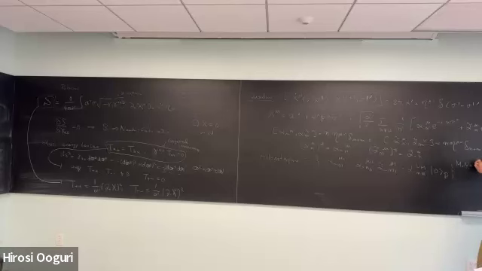Because of this commutation relation, you can think of α_n with n positive as an annihilation operator, and α_n with negative n as a creation operator.